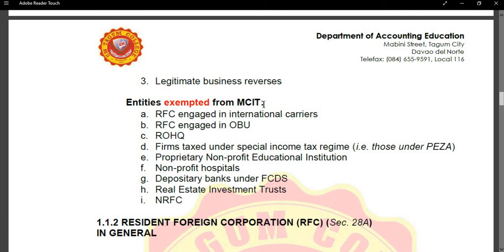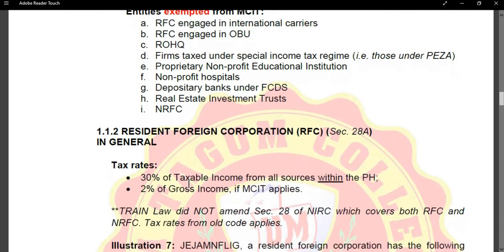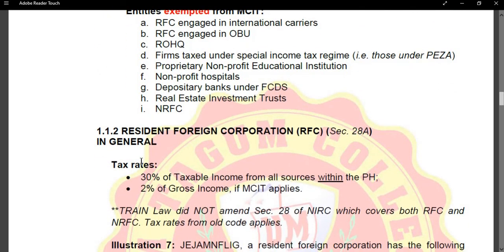Okay, so here are the entities exempted from MCIT. So, resident foreign corporations engaged in international carriers and so on. Resident foreign corporation or RFC in general. So, ano yung mga tax rates ba na applicable for resident foreign corporation or RFC?